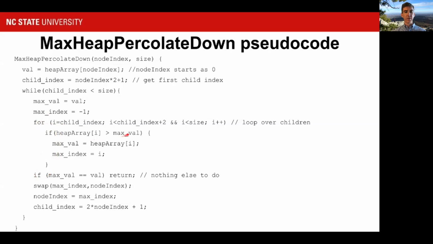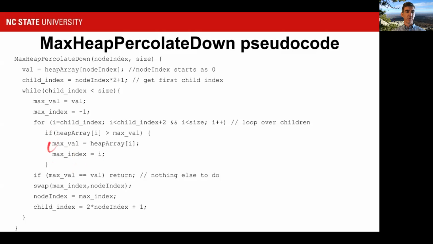And if either one of the children has a value greater than the max value, we're going to set max value equal to the value of the current position we're considering, right? If the value of a child is bigger than the value in the node that we're percolating down, then we're going to remember that max value and we're going to remember that child's index.